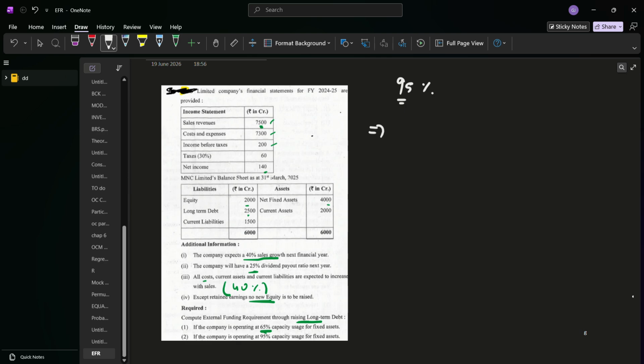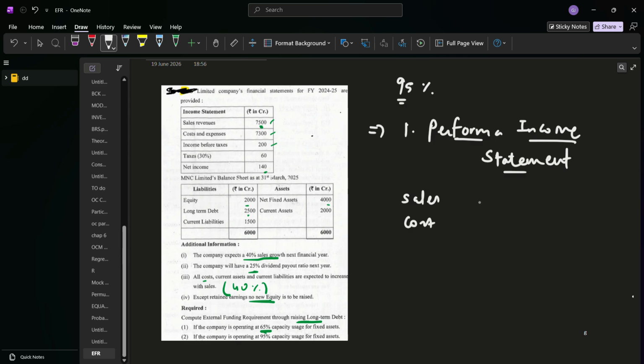So now we will again go with the question. The first step we will again do is the pro forma income statement. So say we have sales of goods, then cost and expenses. The company expects a 40% sales growth. So of course we already figured it out.